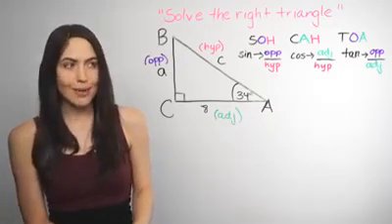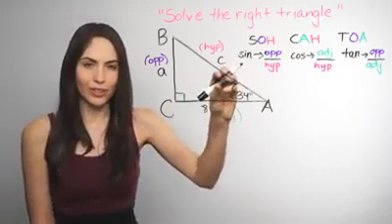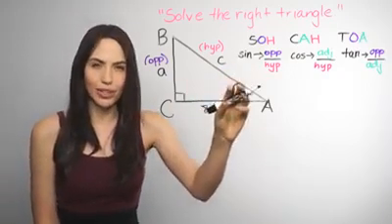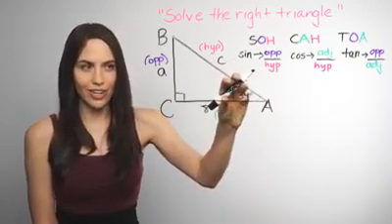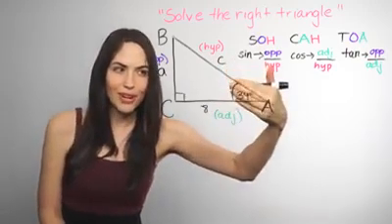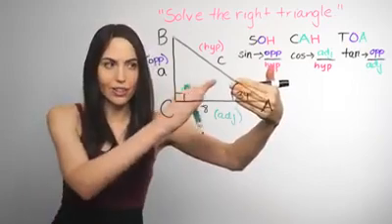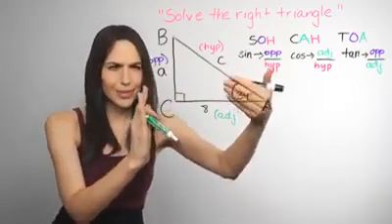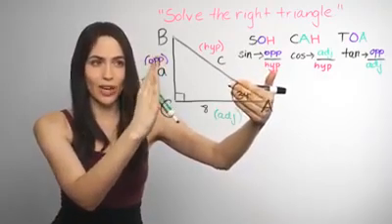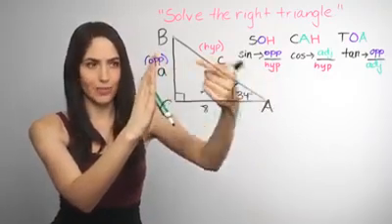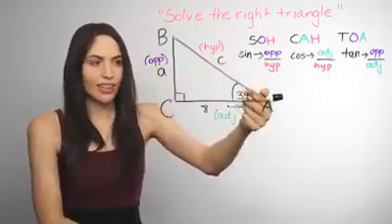But basically it depends what angle you're focused on, what angle you're looking from. We have this 34-degree angle in our triangle. From the point of view of that angle, looking out, this is the opposite side because it's directly opposite that angle, directly across.